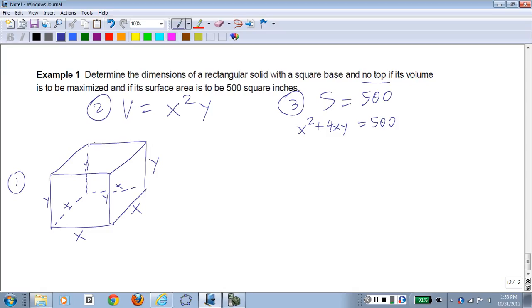So still on step 3. 4xy equals negative x squared plus 500, or 500 minus x squared if you prefer. If we divide both sides by 4x, y equals negative x squared plus 500 all over 4x.